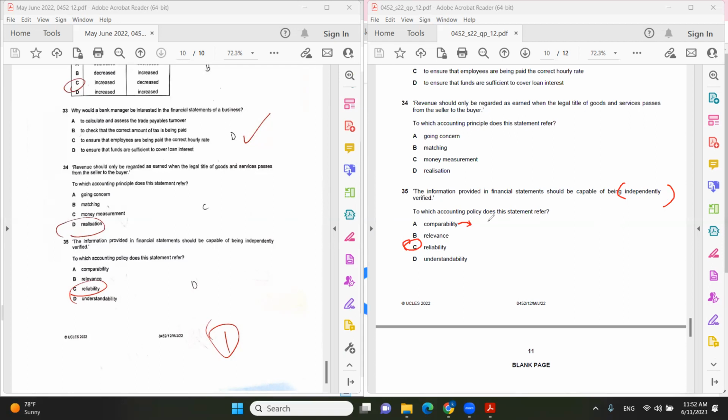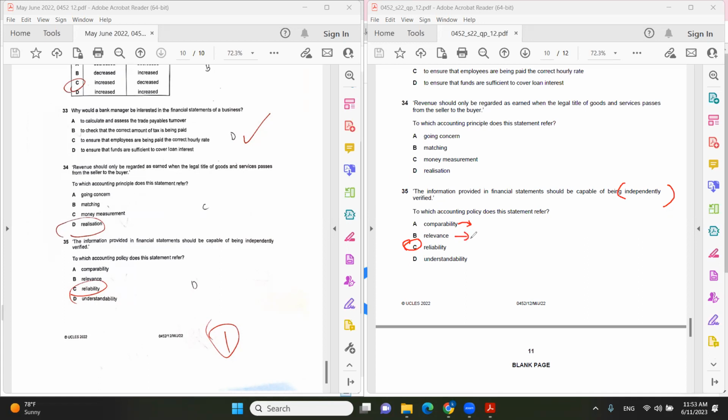Comparability means that from year to year we can compare the data; we know where the differences and similarities are.